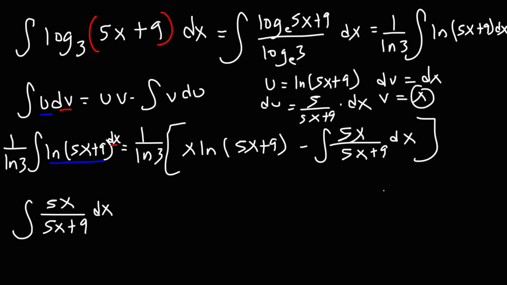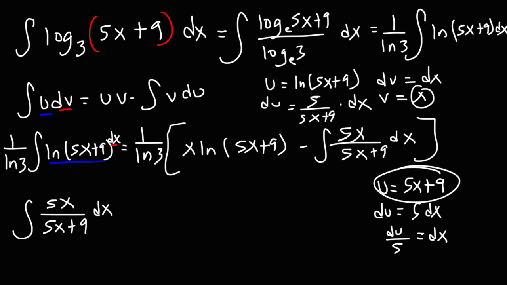We need to use u substitution. So we're going to make u equal to 5x plus 9. Du is going to be the derivative of that, which is 5 times dx. Solving for dx, that's going to be du divided by 5. And then I'm also going to solve for 5x in that equation by subtracting both sides by 9.